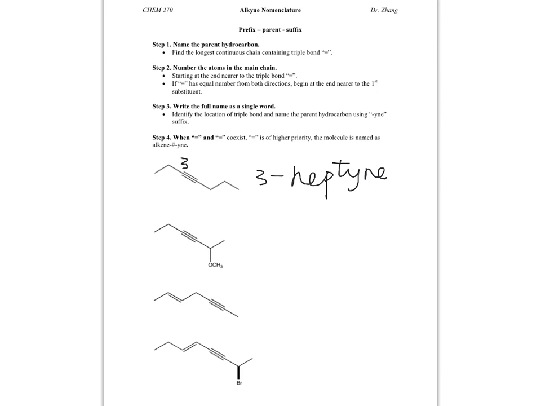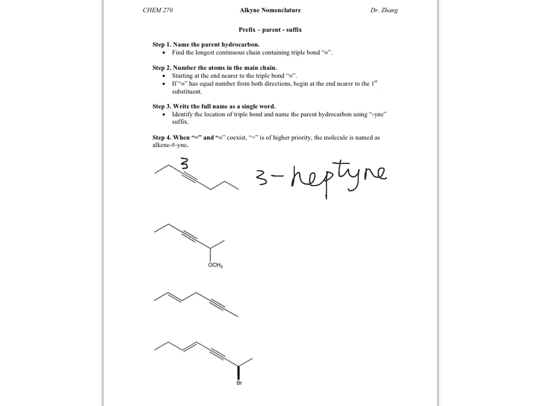All right, so the second example: there are totally 1, 2, 3, 4, 5, 6 carbons in the main chain, and the triple bond is in the very middle. Therefore, when you try to number the main chain, you need to consider the substituents. With a methoxy substituent on this end of the main chain, we're going to number the main chain from the right-hand side.